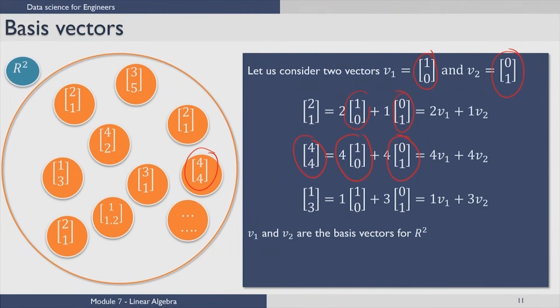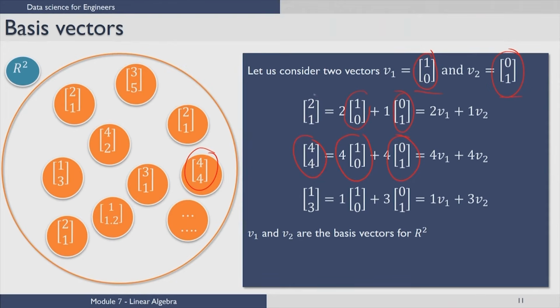So in some sense what we say is that these 2 vectors characterize this space, or they form a basis for the space, and any vector in this space can simply be written as a linear combination of these 2 vectors. Now you notice the linear combinations are actually the numbers themselves.